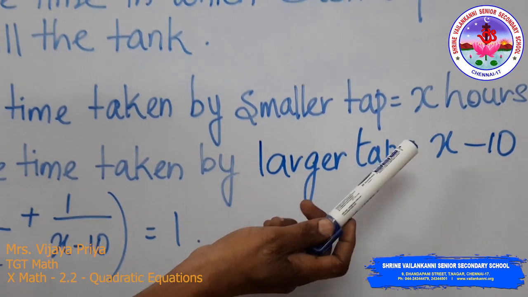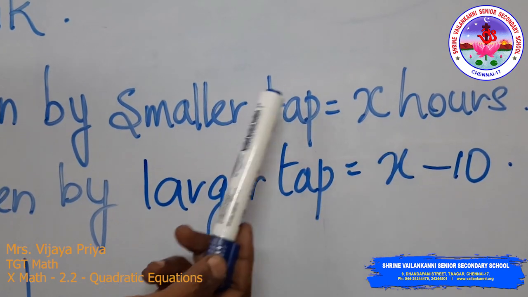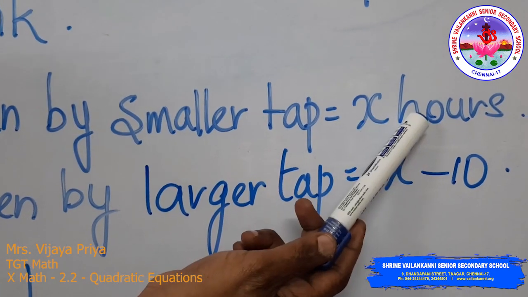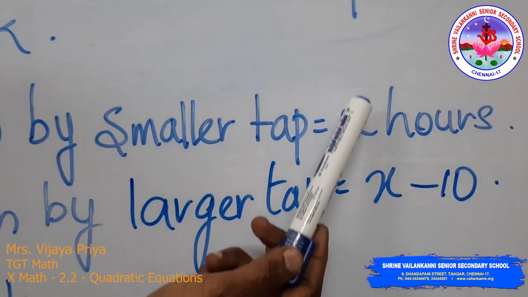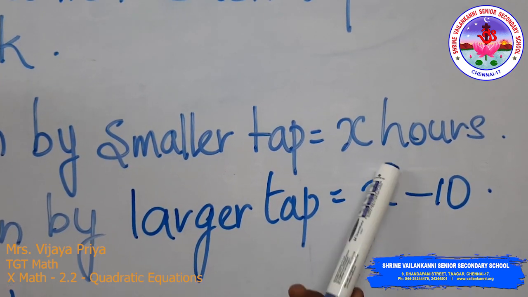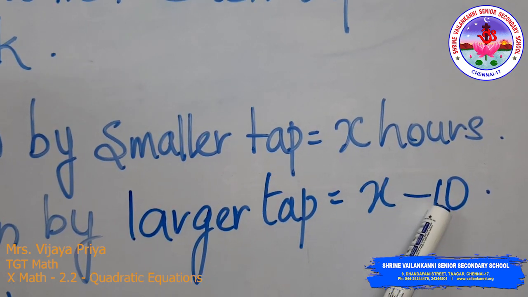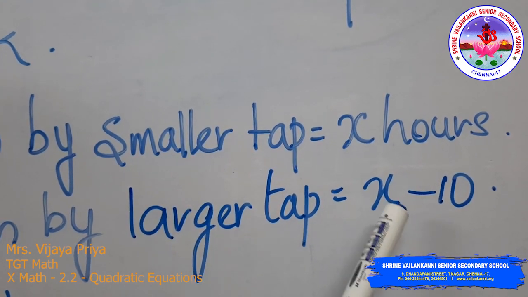So I am going to calculate now for 1 hour work done by the smaller tap. So totally the smaller tap has taken x hours. So in 1 hour the smaller tap work will be 1 by x. So the larger tap 1 hour work will be 1 by x minus 10. So now we are going to calculate for 9 3 by 8 hours.